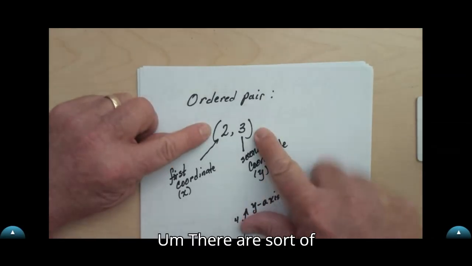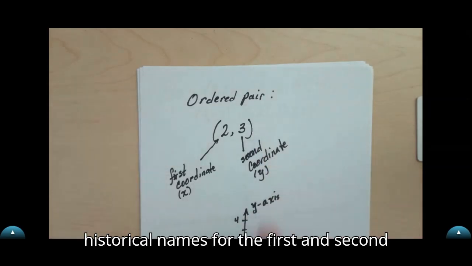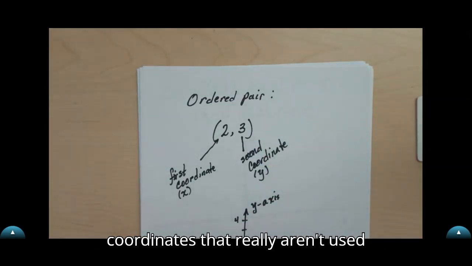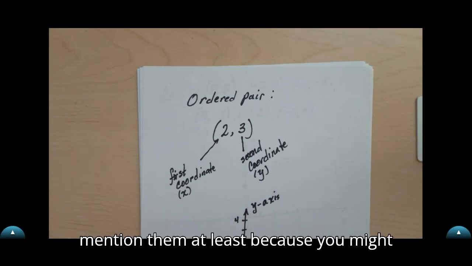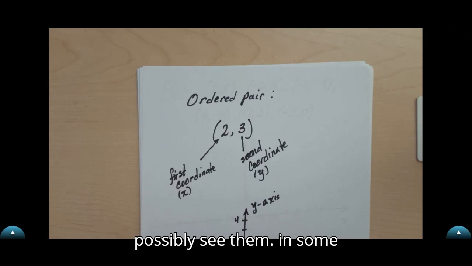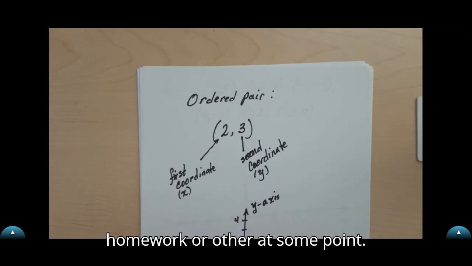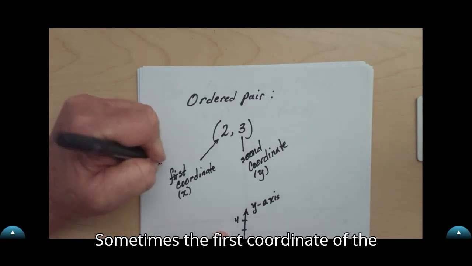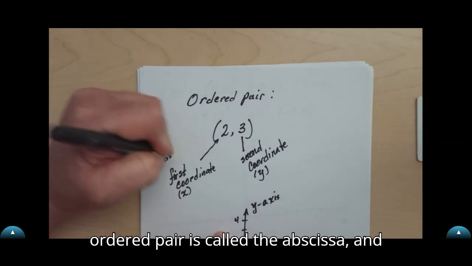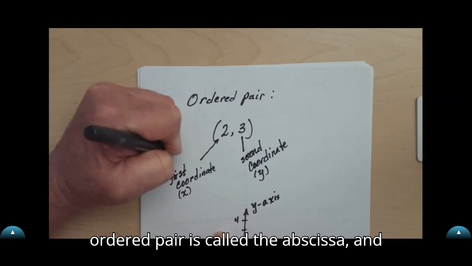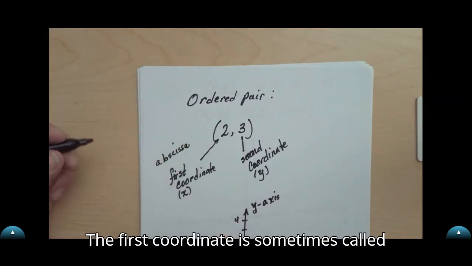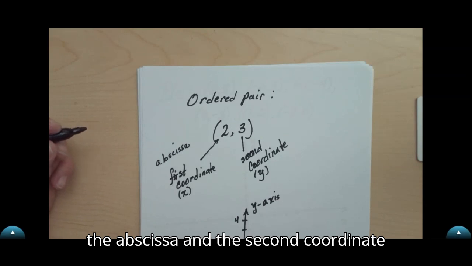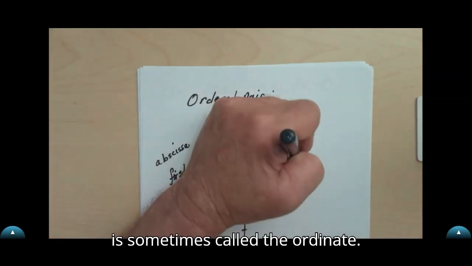There are historical names for the first and second coordinates that really aren't used anymore, but I'm going to mention them because you might see them in some homework at some point. Sometimes the first coordinate of the ordered pair is called the abscissa, and the second coordinate is sometimes called the ordinate.